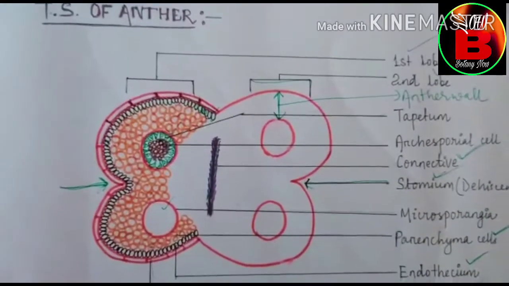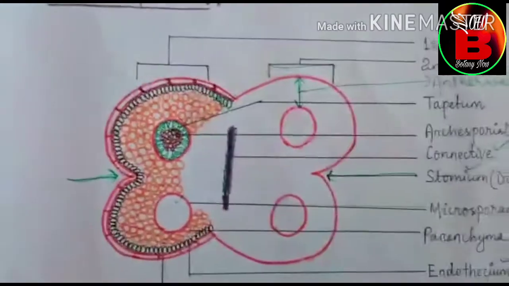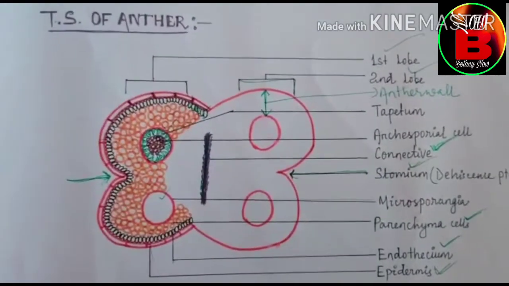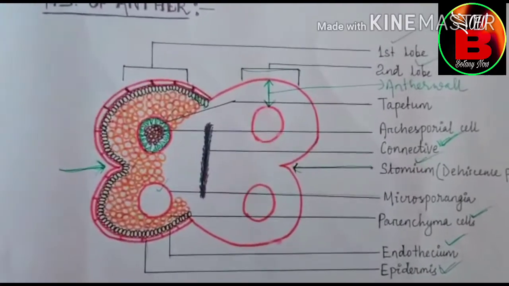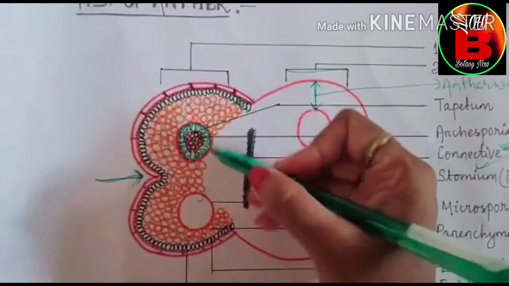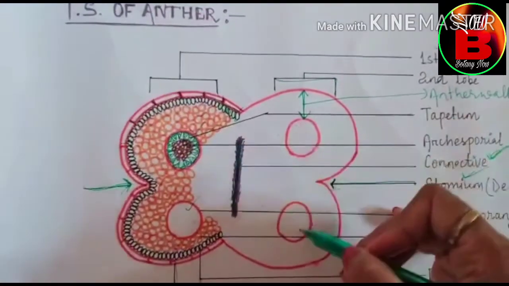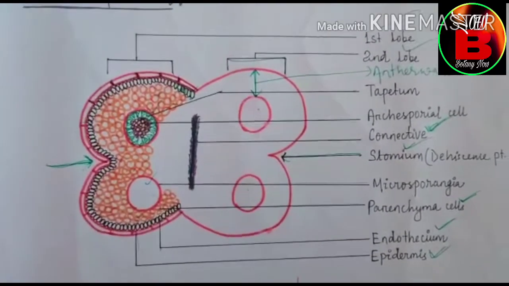Then each lobe consists of two microsporangia. So these are the two microsporangia present inside the first lobe, and these are the two microsporangia present in the second lobe.